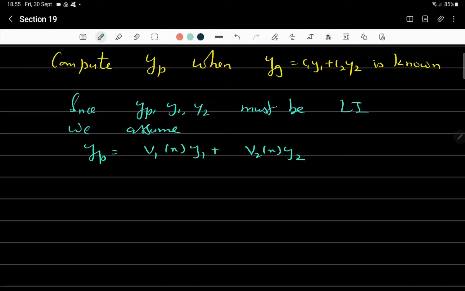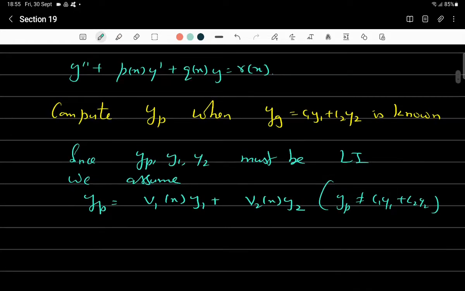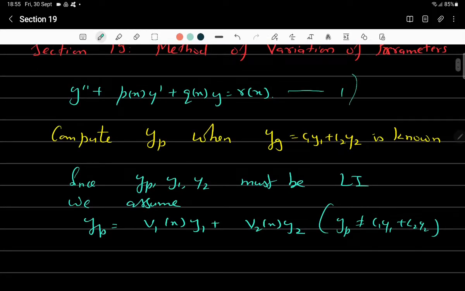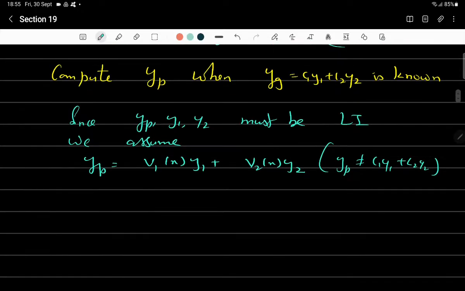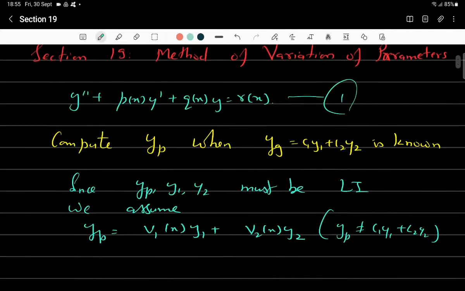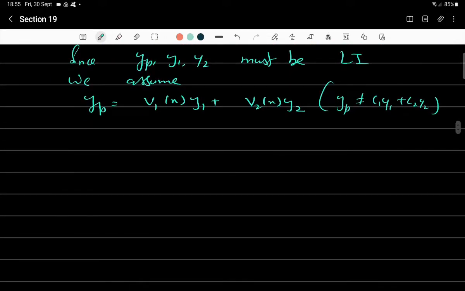Yes, because yp cannot be written as c1 y1 plus c2 y2. So now I must compute v1 and v2 to find yp. Since yp is a particular solution of equation 1, I must compute yp dash and yp double dash and put them back into equation 1.